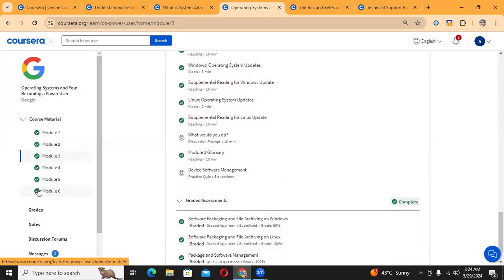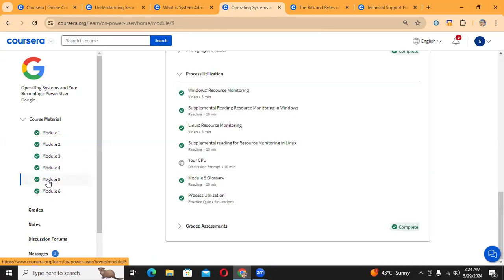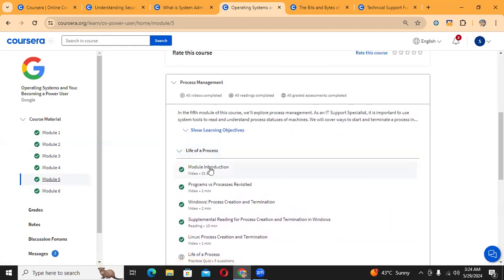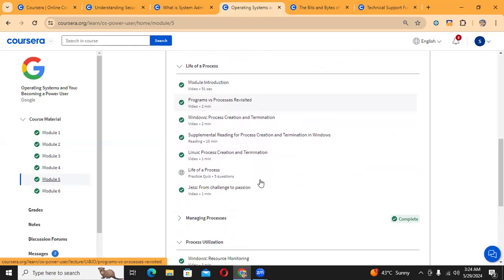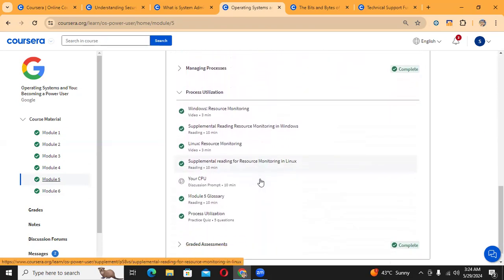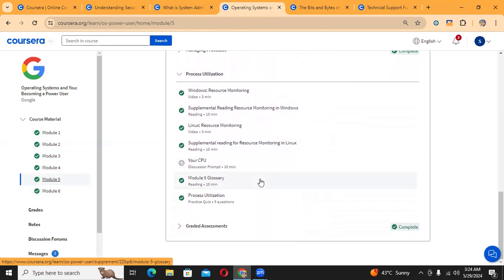So let's move on to the fifth module, process management. It's about understanding processes and threads using task managers and system monitors, and starting, stopping, and managing processes with CLI tools.